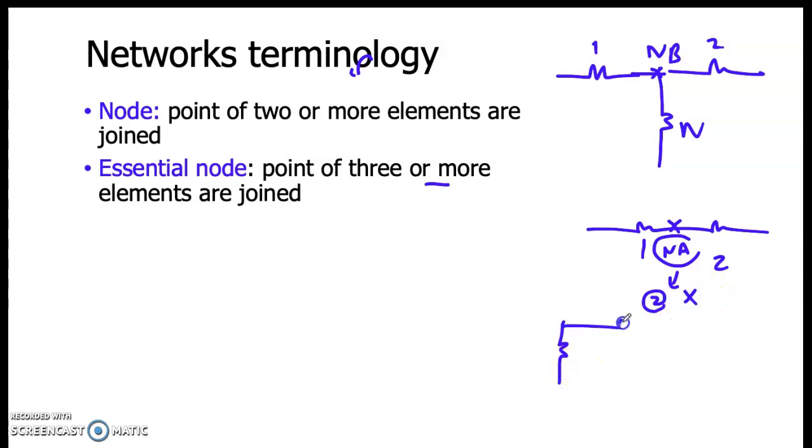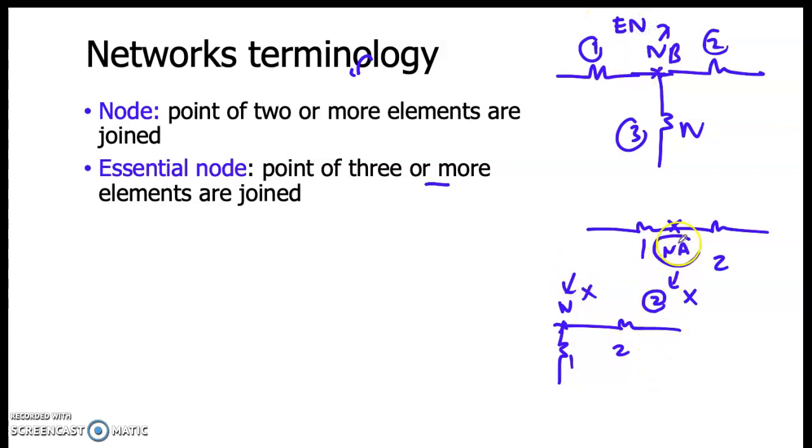So you always see like this. So this is element 1 and 2. Here also we call it a node, right? But this one is not an essential node. What is an essential node? It connects between 3 or more branches. So let's say here we have branch 1, 2, and 3. So we can call node B an essential node.